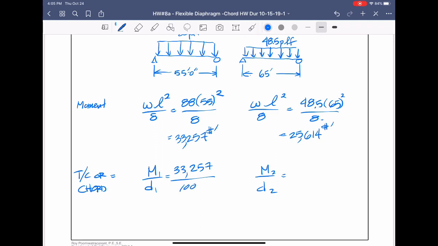This is 25,614 pound feet divided by 55. And that is equal to 332.8 pounds. And this one is equal to 465.7 pounds. So the max chord force is therefore this.